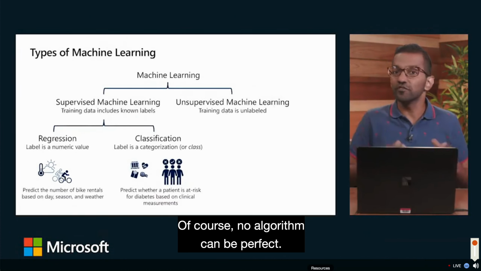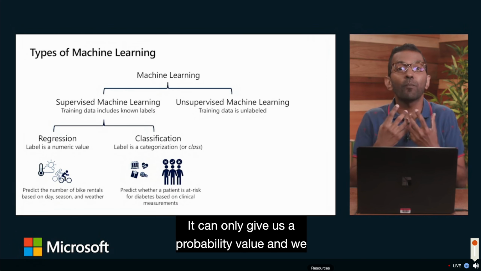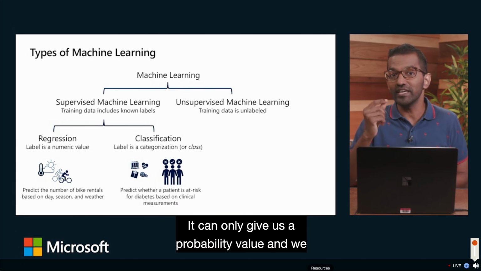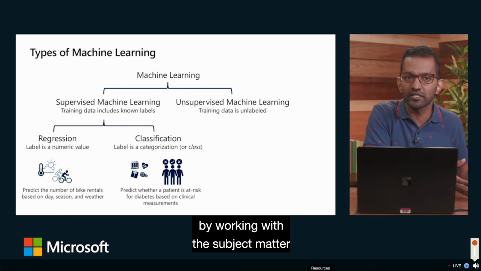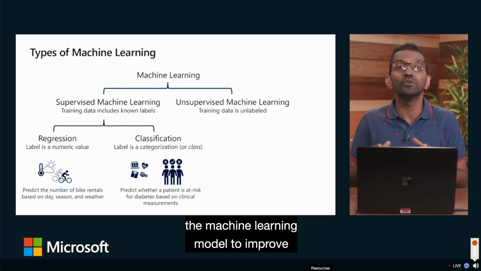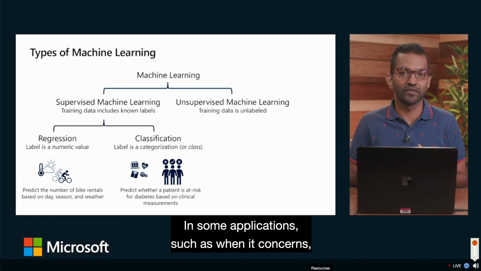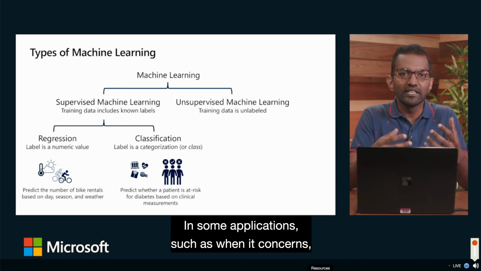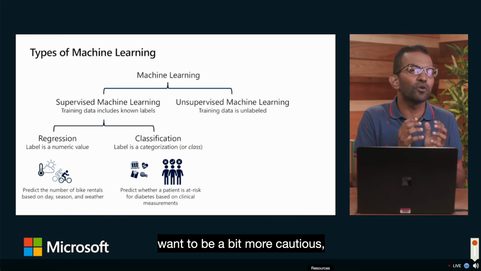So of course, no algorithm can be perfect. It can only give us a probability value, and we need to tune our threshold value by working with the subject matter experts and plan the training of the machine learning model to improve our accuracy and the usefulness of the model. In some applications, such as when it concerns health and safety, we might want to be a bit more cautious.